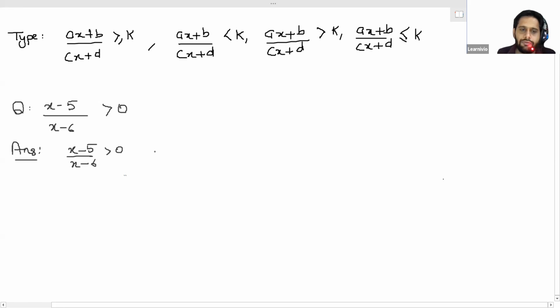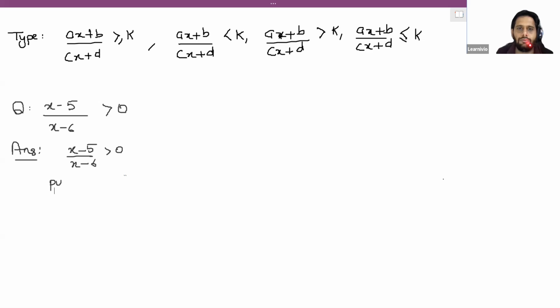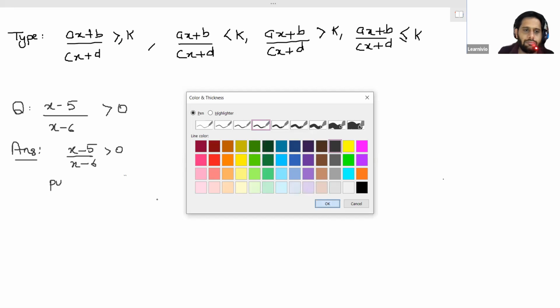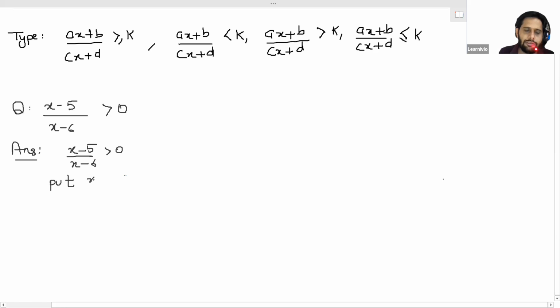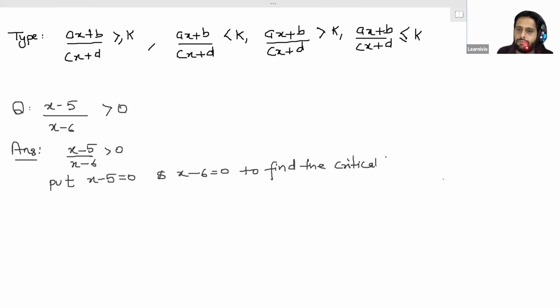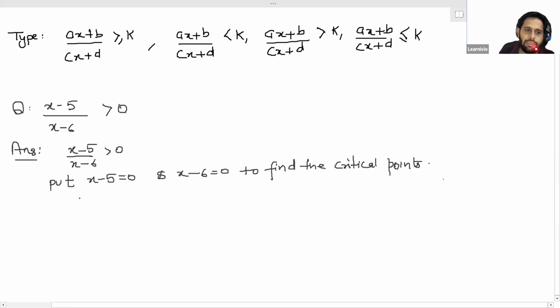First of all, put x minus 5 equal to 0 and x minus 6 equal to 0 to find the critical points. So we get x is equal to 5 from this and x is equal to 6.